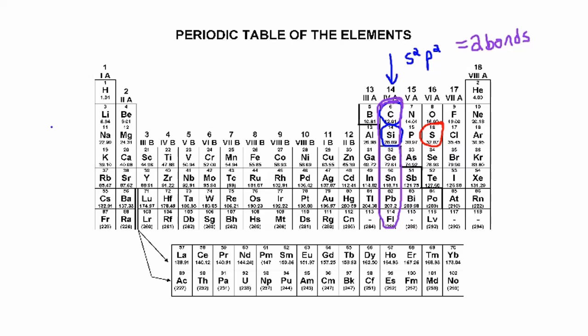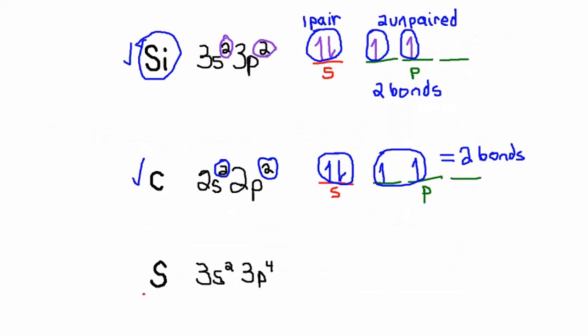So that's going to have 2 S's like normal, and then you're going to come over here, and it's going to have 3 P's, 1, 2, 3, and then 4. So it's going to have 4 electrons in its p value. So here's sulfur, and see that it has 3s2.